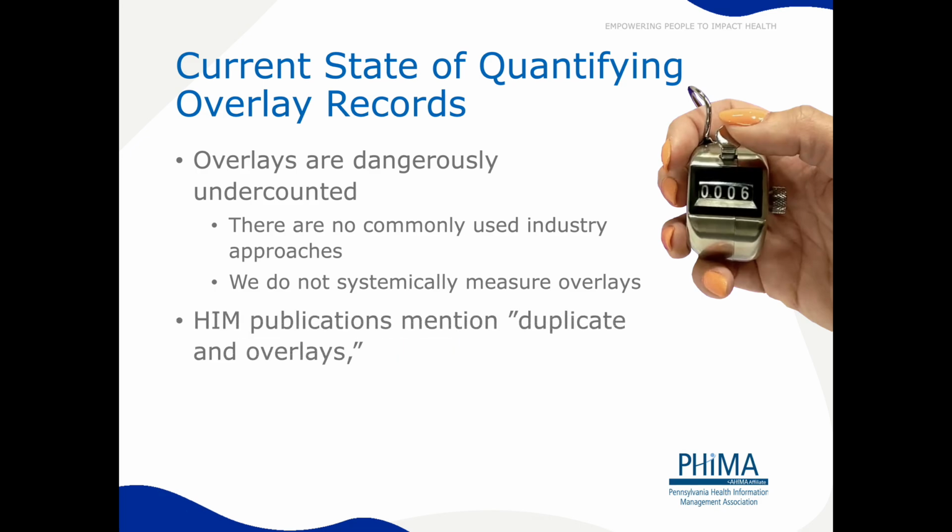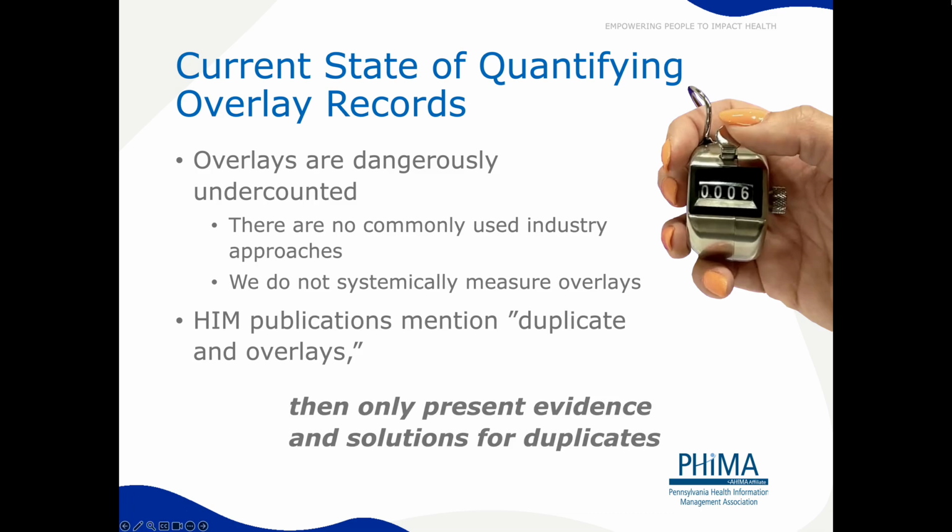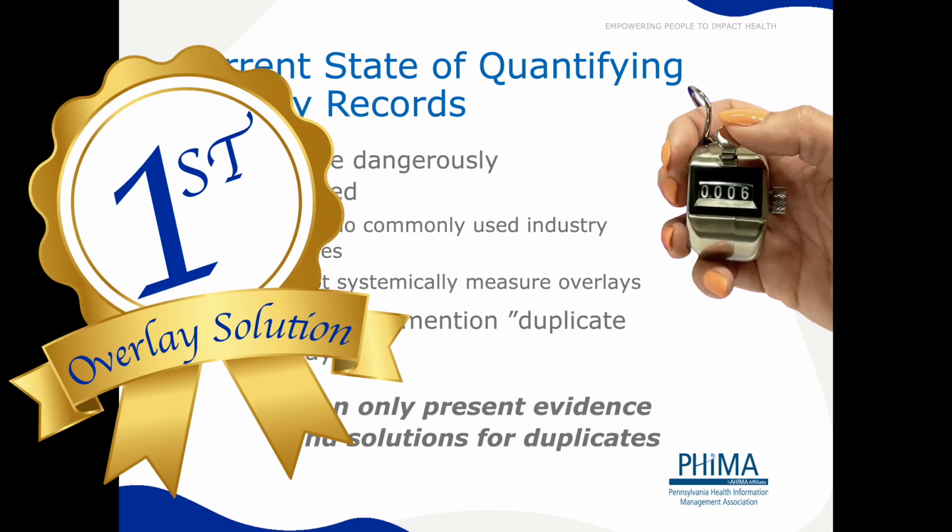Publications often mention duplicates and overlays in the same context, but then they present the solution only for duplicates. It's kind of comical. You'll probably see it now that I mentioned it. The goal of this presentation is to present the first comprehensive solution to overlays, so we can really start to fix this problem.